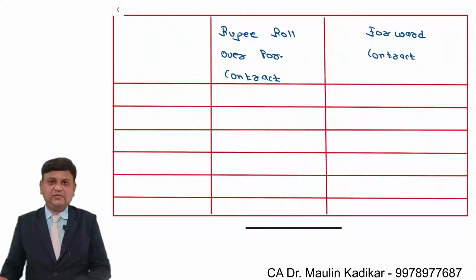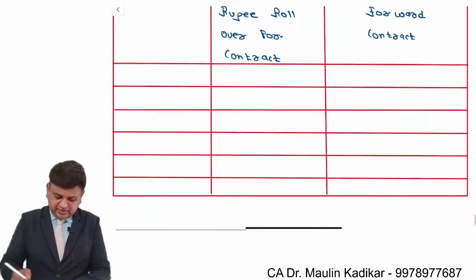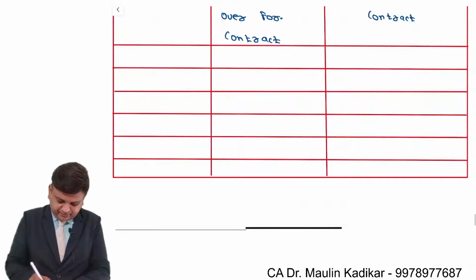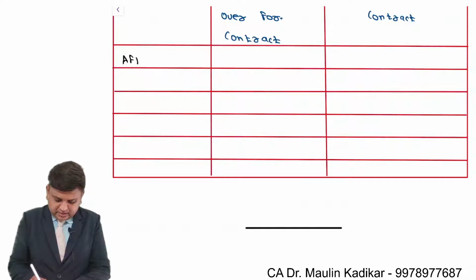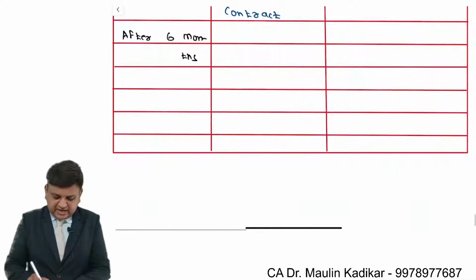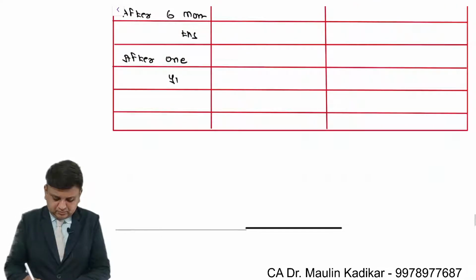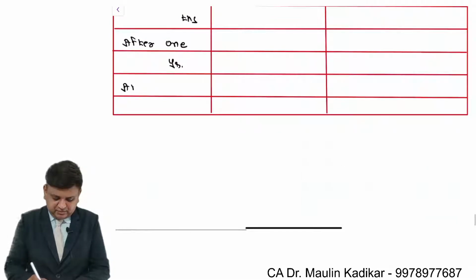So friends, in case of the forward contract, we understand it saying after 6 months, then after 1 year, and after 1.5 year.